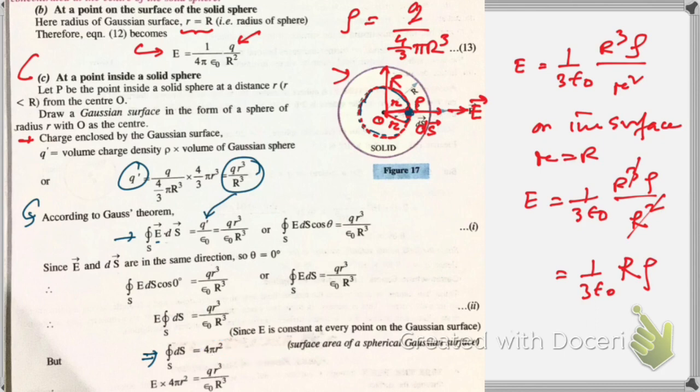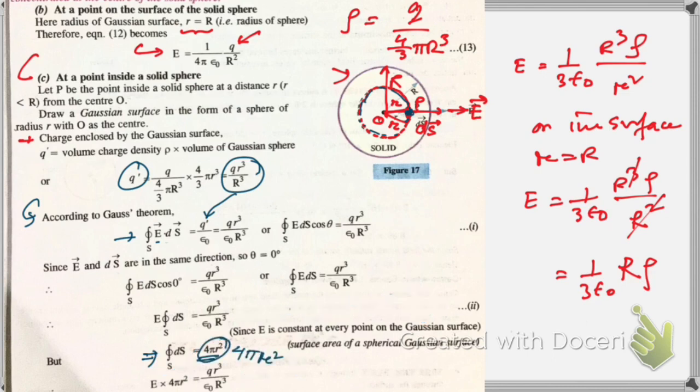So here we can replace the surface integral over ds by this 4 pi r square, and doing so this expression becomes E into 4 pi r square is equal to q small r cube by capital R cube epsilon naught. So here r square cancels r cube here. Is there something else that is going to be cancelled? No, nothing.